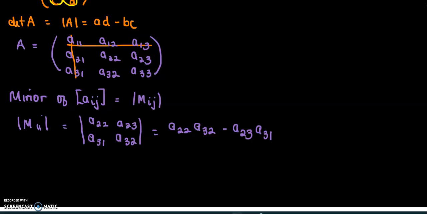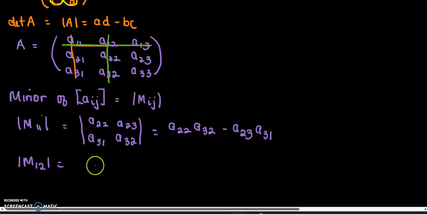Let's now find the minor M12. We're going to be removing the first row and second column. So if you remove the elements of the first row and then the second column, what do we remain with?